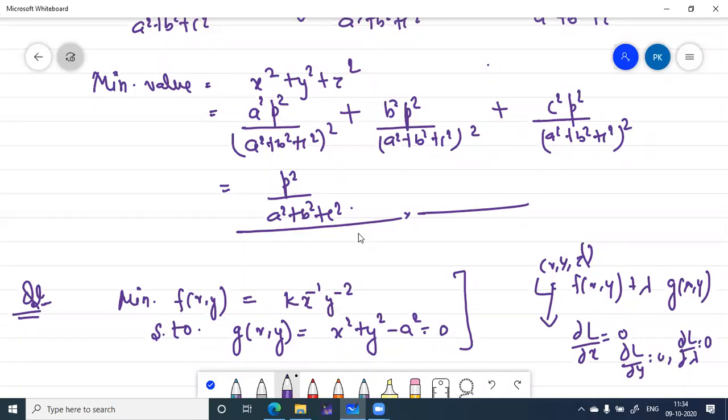Now I'm going to take a problem that consists of two equality constraints.